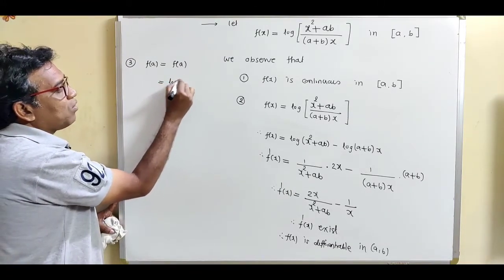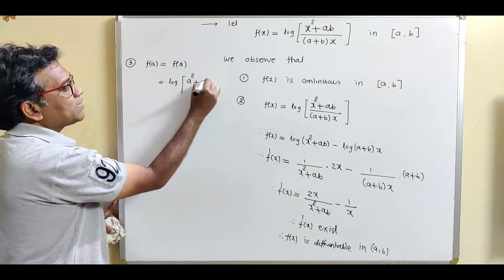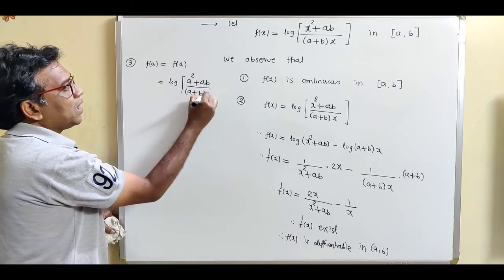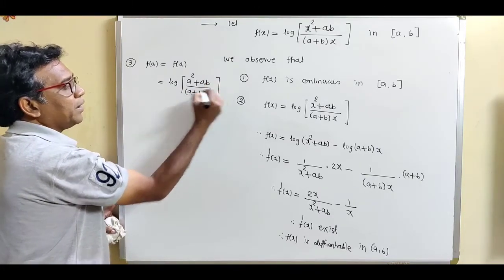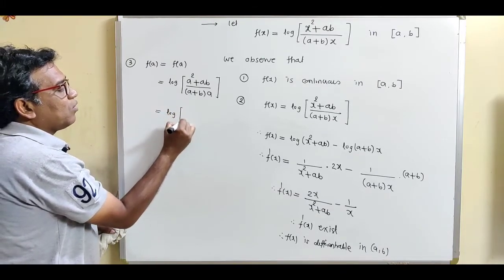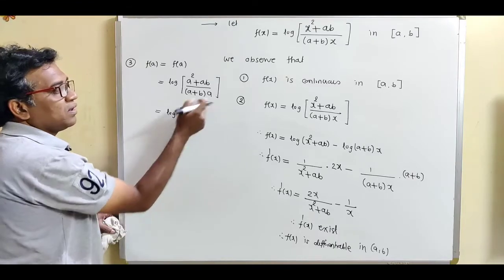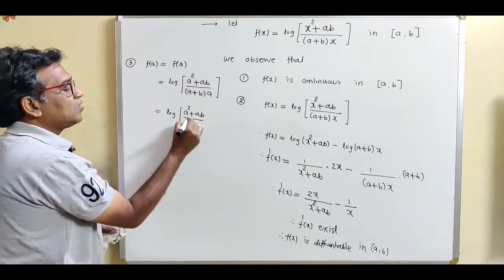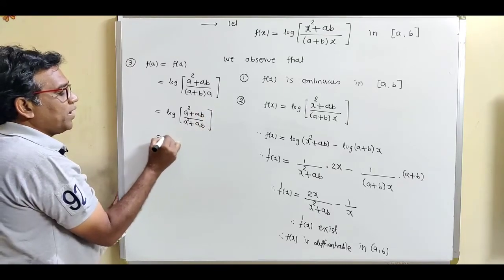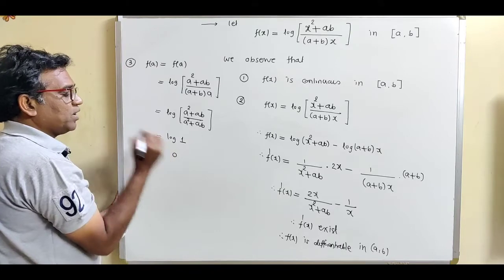So this is log of (a square plus ab) divided by (a plus b) into a. The numerator is a square plus ab, and multiplying by a gives the denominator a square plus ab as well. Numerator and denominator are the same, so they get cancelled, and this is log 1. The value of log 1 is 0.